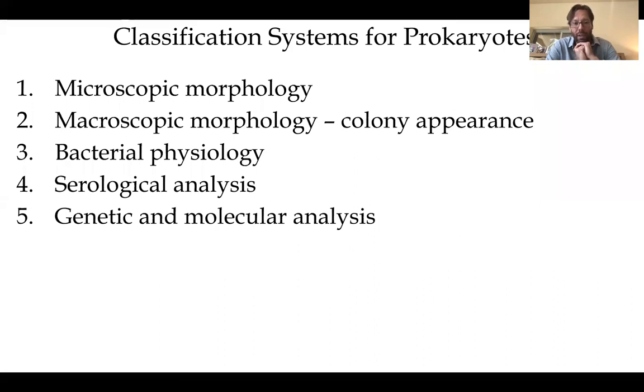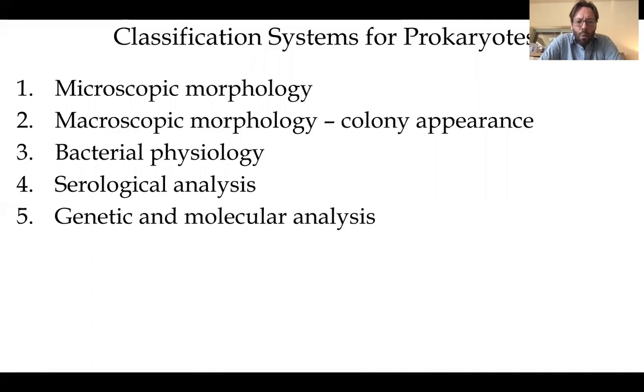Serological analysis, that's going to look at, basically you're taking serum from a patient, from their blood, and you're looking at whether or not there are different antibodies present that correspond to different epitopes on different bacterial cells. So you can classify it in terms of serology.